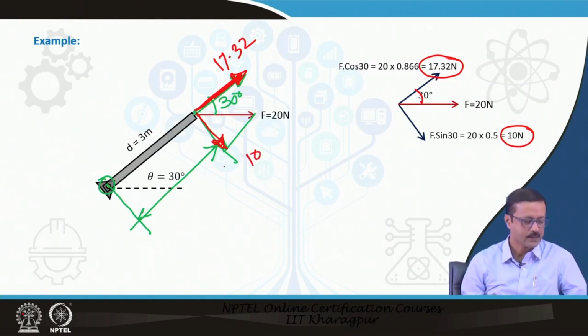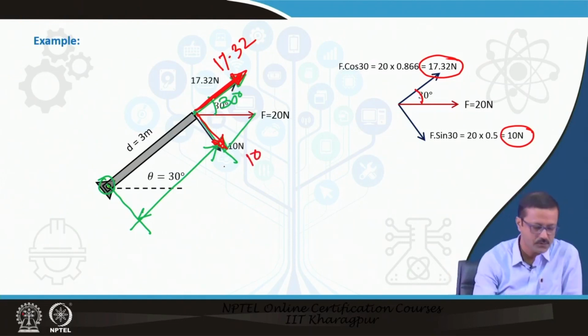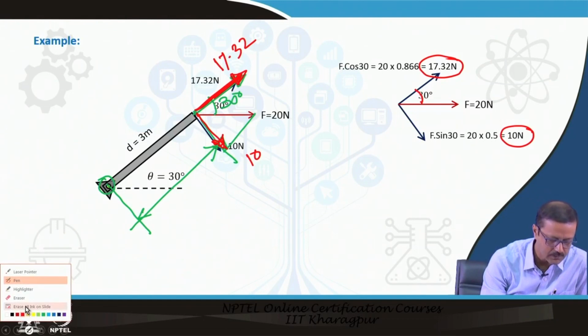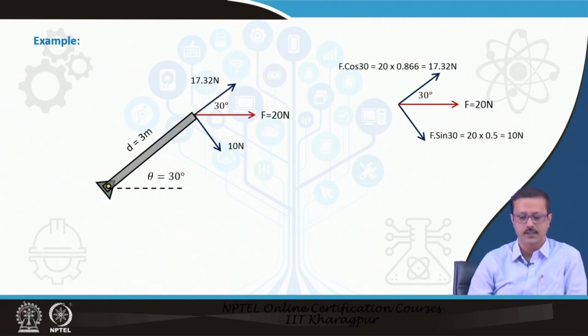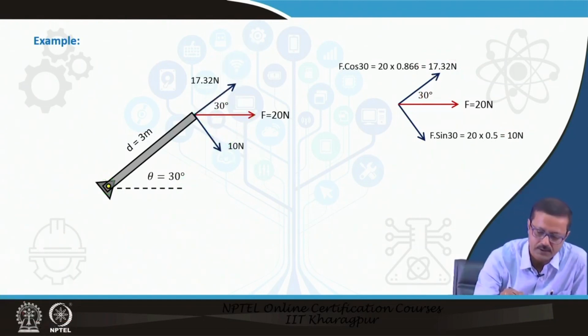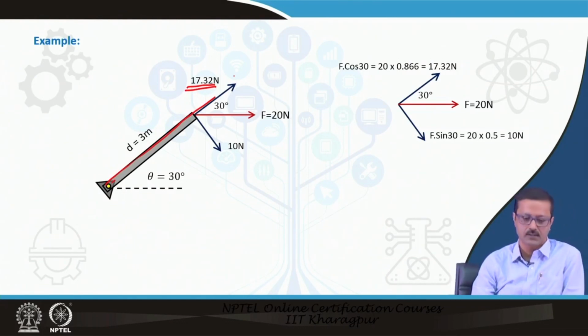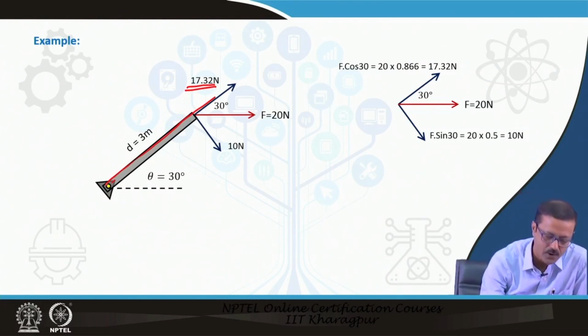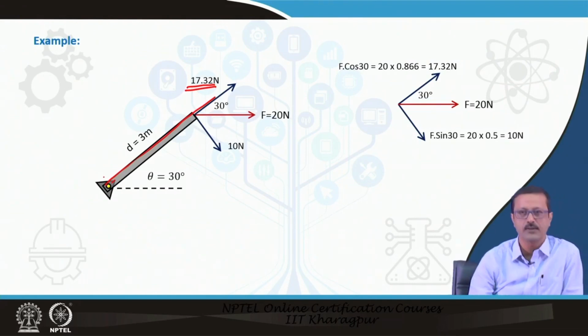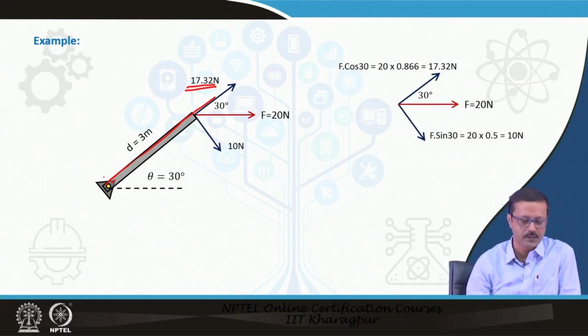Now, the force 17.32 is acting along the axis, so it will not create any moment because the perpendicular distance from this point to the force is 0. So, F into d, with d equal to 0, gives moment equal to 0.